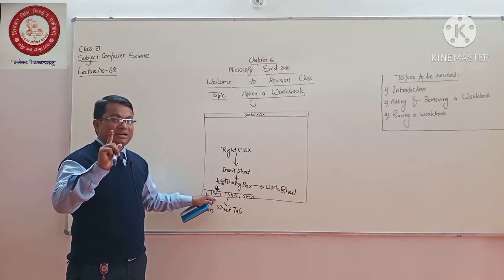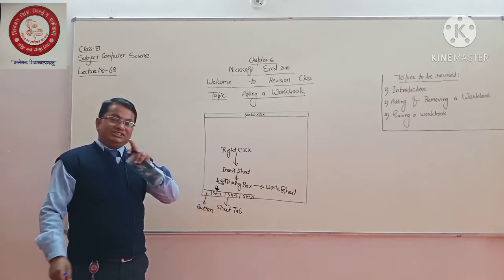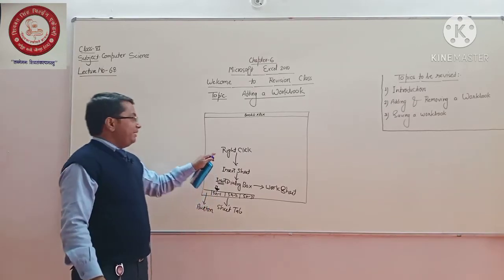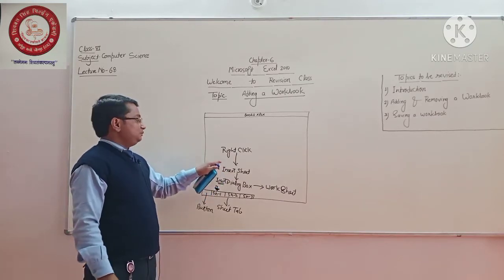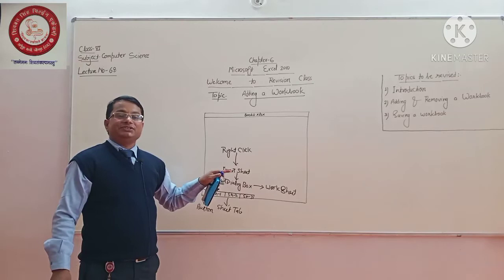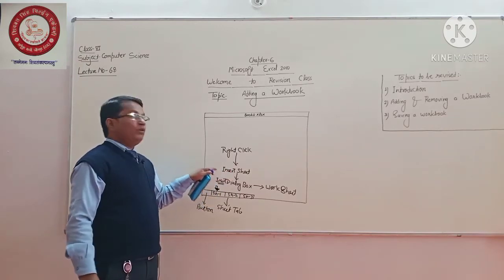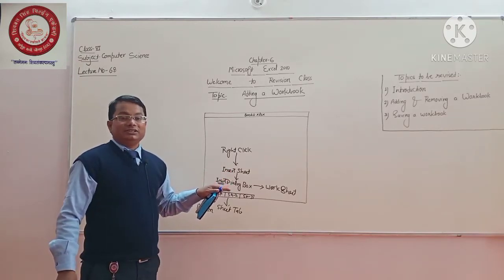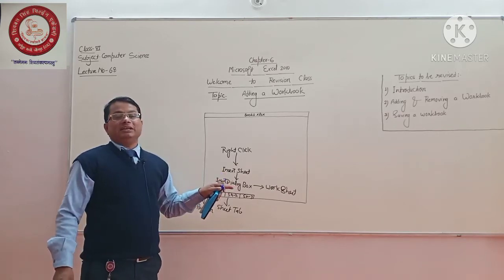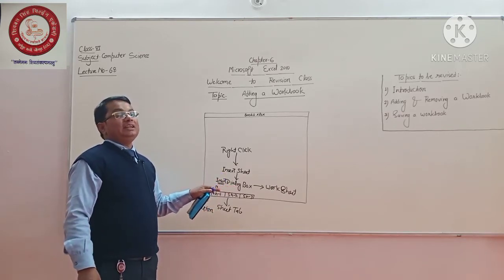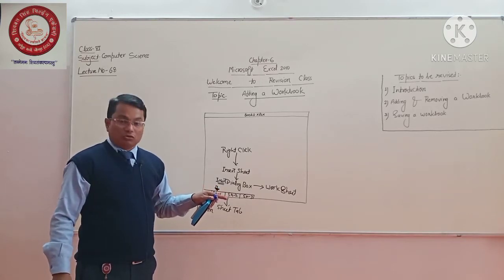This is step number 1. Step number 2, make a right click. Step number 3, once the right click is done, you will have one option, that is insert sheet. Once you click insert sheet, you will have the insert dialog box.